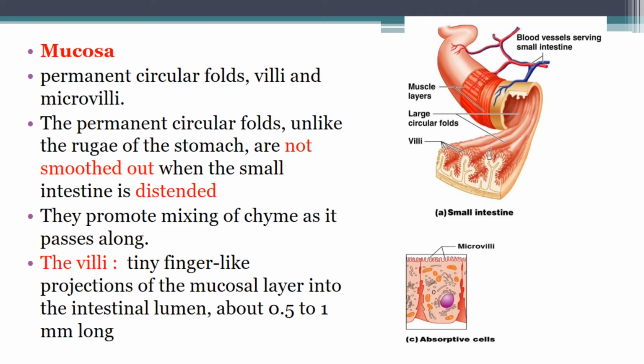Then the villi. They are tiny finger-like structures or projections of the mucosal layer into the intestinal lumen, about 0.5 to 1 mm long. You can see in the second figure, that is the villi. It is a tiny finger-like projection.